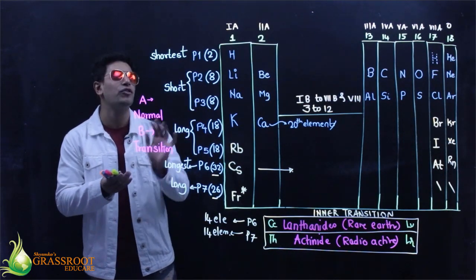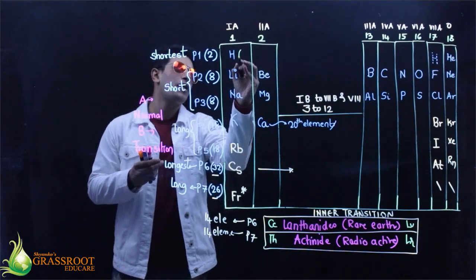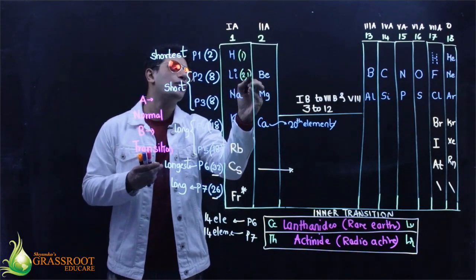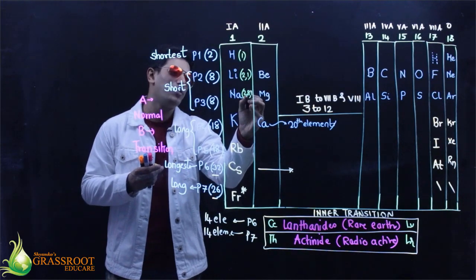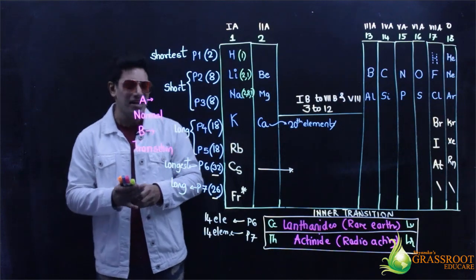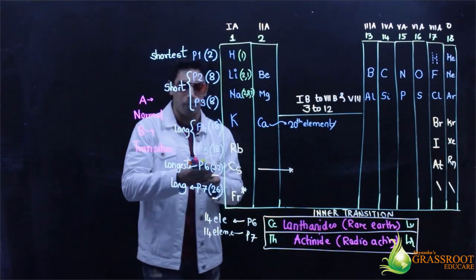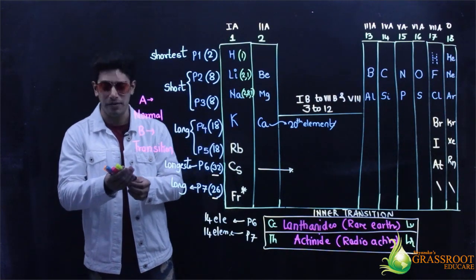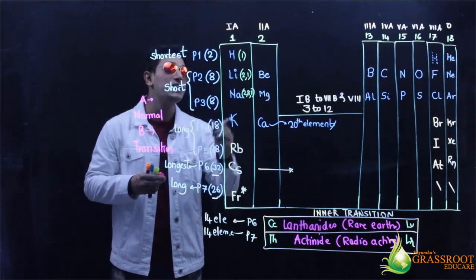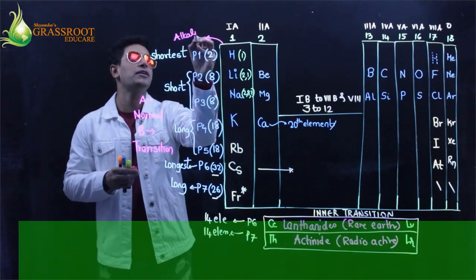Now, if I talk about the first group, down the group I know that the valence shell configuration remains the same. And we have studied the significance of a column, of a group. Now, always remember one thing, students. Group number 1 is called alkali metals.